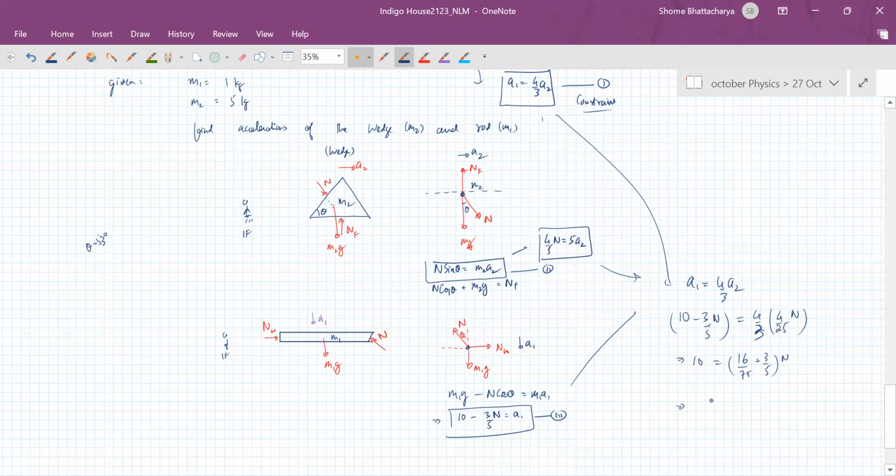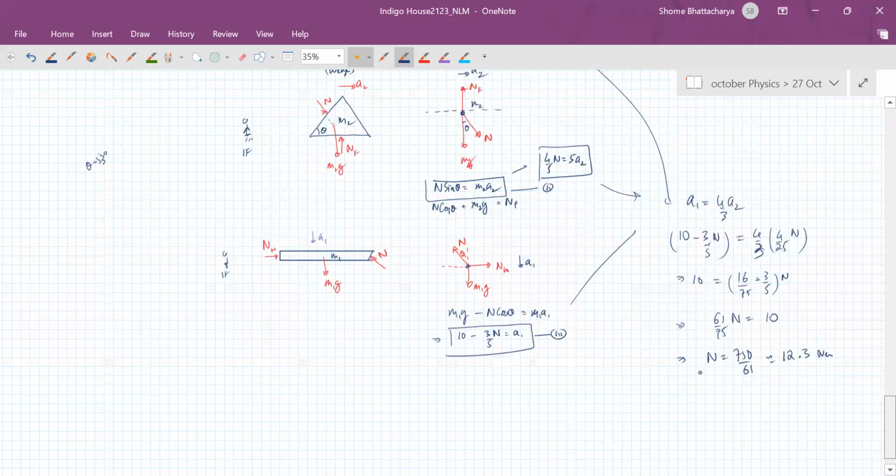So that is 45 plus 16, 61 by 75 N. So N comes out to be 750 by 61. That's almost 12.3 newtons.